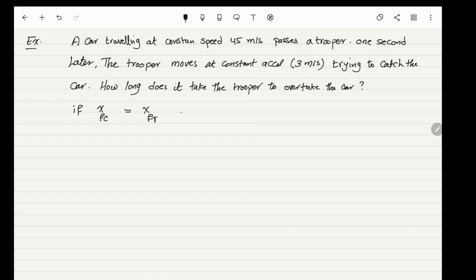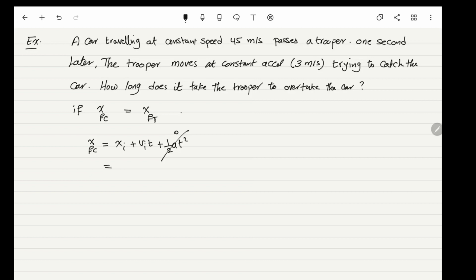So let's calculate the distance, or the x final, for both the trooper and the car. x final for the car equals x initial plus v initial t plus half a t squared. Since the car is moving with constant speed, the acceleration part equals 0.